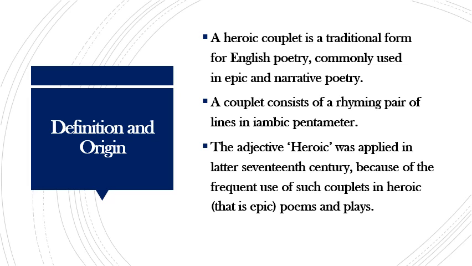And as a very regular, very disciplined form of writing verse, a couplet consists of a rhyming pair of lines in iambic pentameter. Now the question arises: what is iambic pentameter? I have discussed this term in detail in the session on blank verse, but I'll reiterate the explanation.